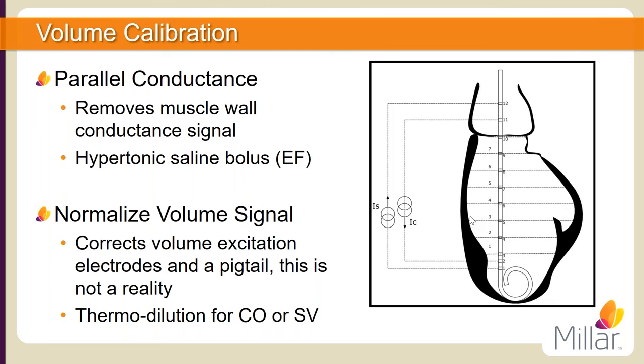We perform hypertonic saline calibration to determine the ejection fraction of the actual blood in the ventricle and thus determine the parallel conductance. Ideally, the catheter will capture all volume within the heart. However, due to the need for excitation electrodes and a pigtail, this is not a reality. Therefore, a cardiac output or stroke volume correction must be performed.